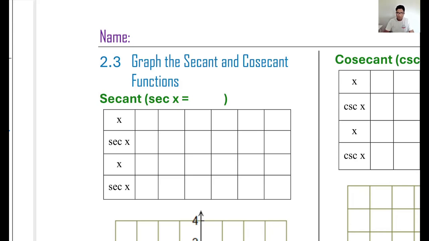Hello students, welcome to the third lesson in this chapter where we have been studying the graphs of trigonometric functions. In the first two lessons, we have covered extensively the graphs of sine and cosine functions and their generalizations, and we also discussed general properties of graphs, and trigonometric graphs particularly.